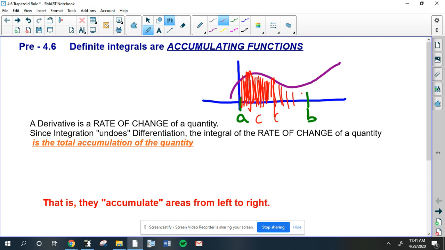So that's what I wrote down here. Derivative is a rate of change of a quantity. And since integration undoes it, the integral of a derivative or a rate of change gives you the total quantity, the quantity left or used or whatever it is, but it's an accumulation. So it would either increase or decrease over time depending on what the graph looks like.